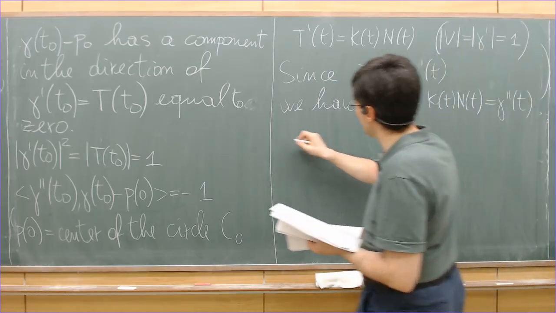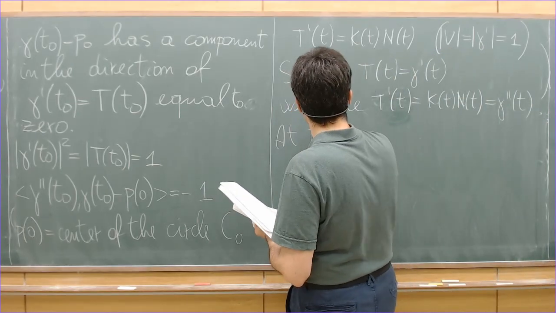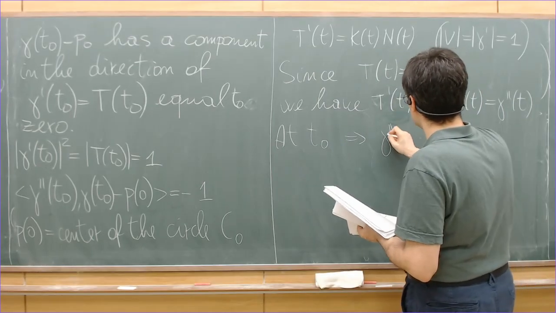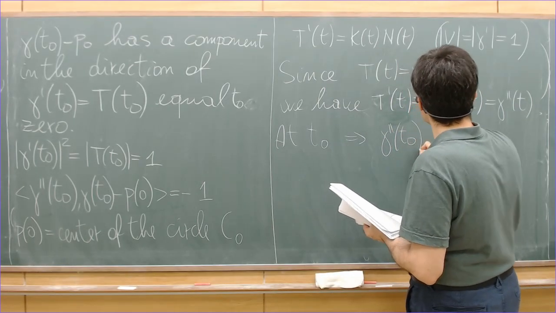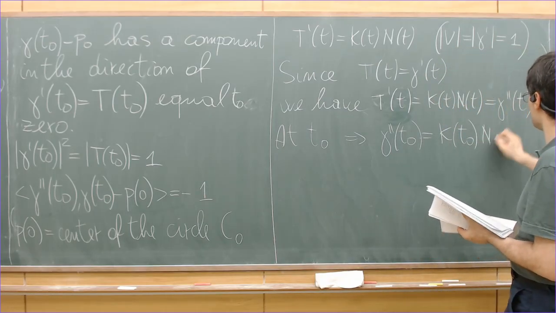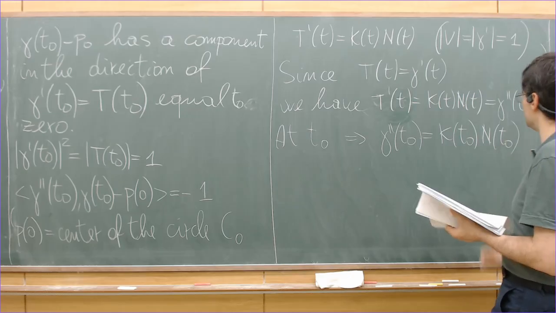So we can evaluate at t0. We get gamma second t0 equal k of t0 N of t0.